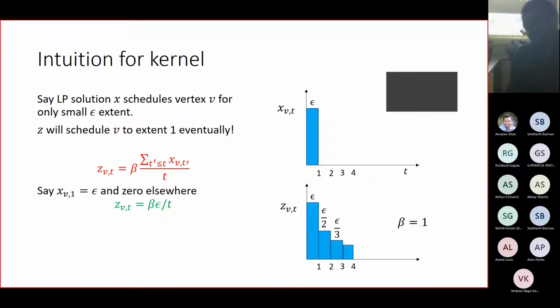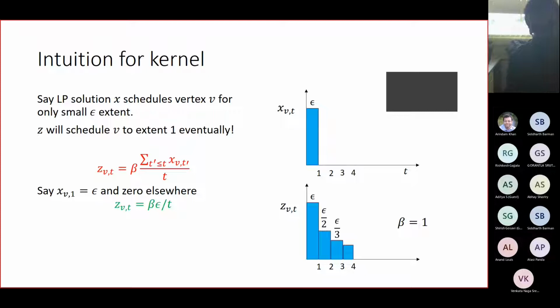Remember z is just the average. In time slot 1, z is just epsilon, equal to x. In time slot 2 it is the average up to time 2, so epsilon over 2. In time slot 3 it is epsilon over 3, and so on. So z_vt is beta times epsilon over t, and let's say beta equals 1 for simplicity.